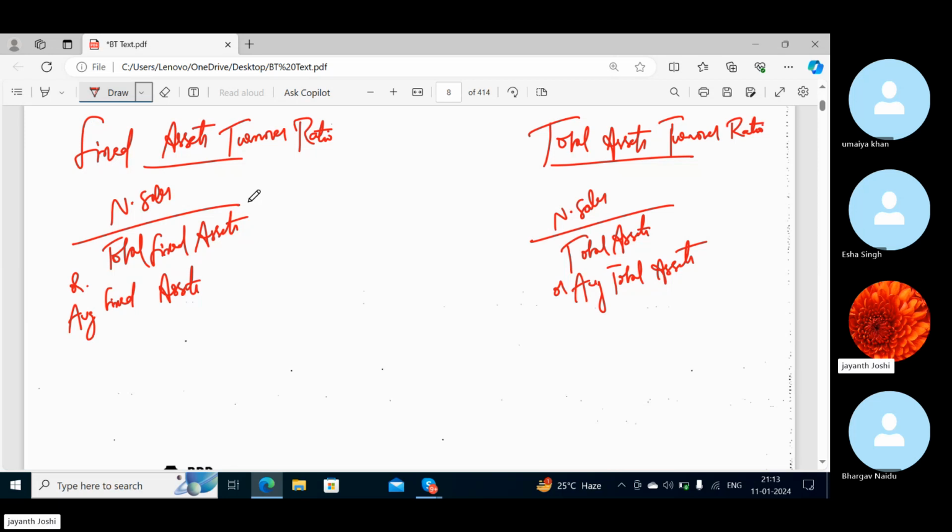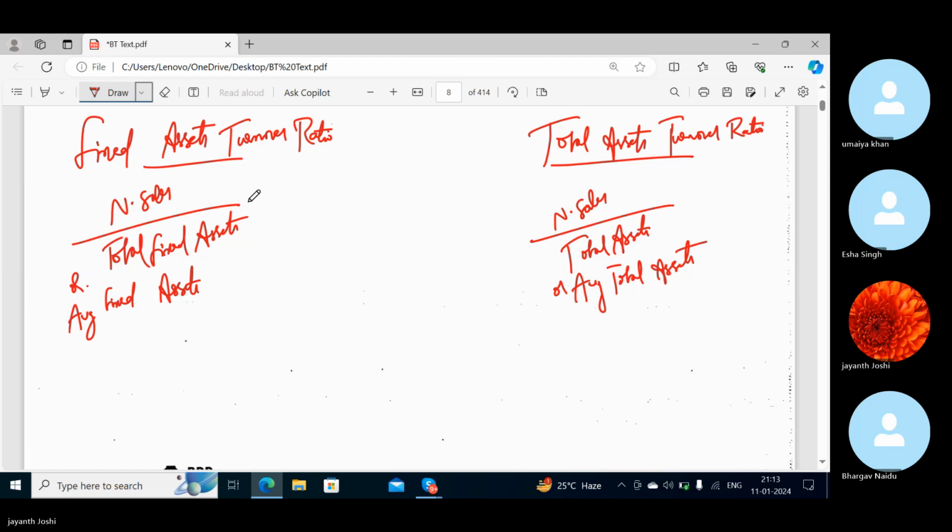Come on, give me the answer. How fast our fixed assets would give us the profits.